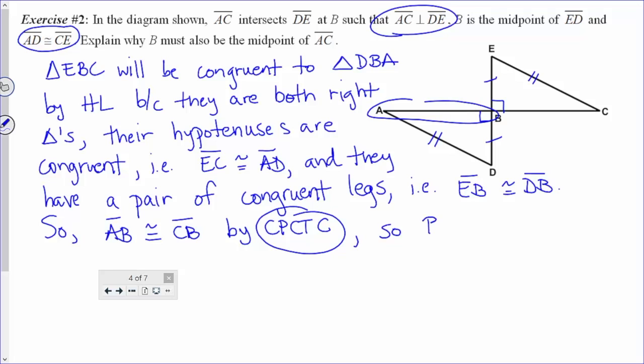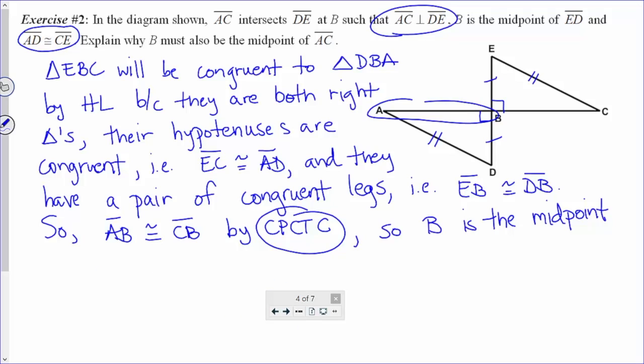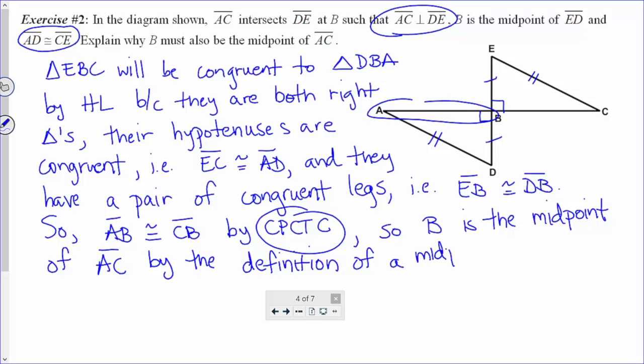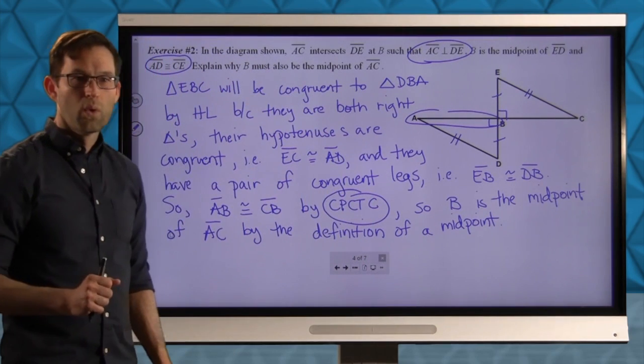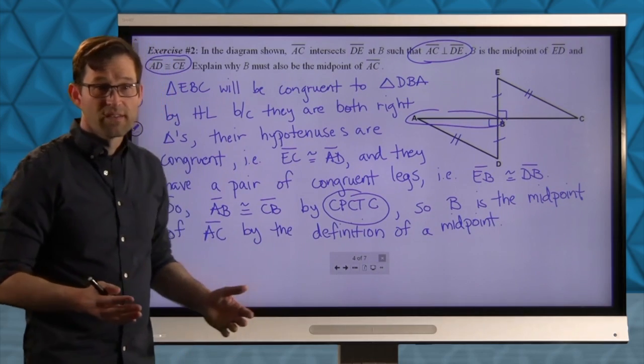So B is the midpoint, let me get rid of this, of AC by the definition of a midpoint. All right, that's it, right?